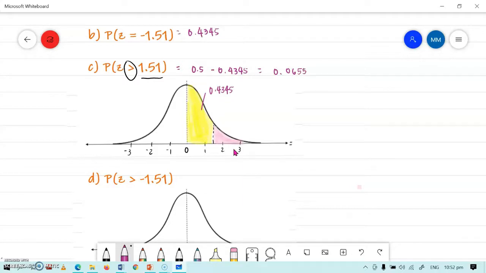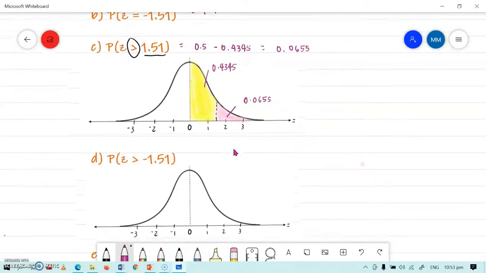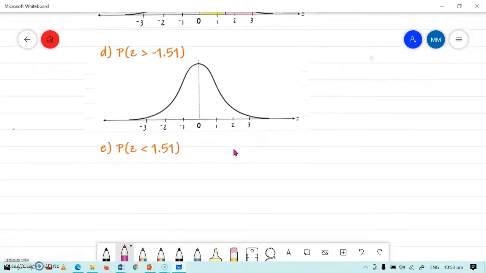So the area of this shaded pink region is 0.0655. Okay? Now let's go to our next example.